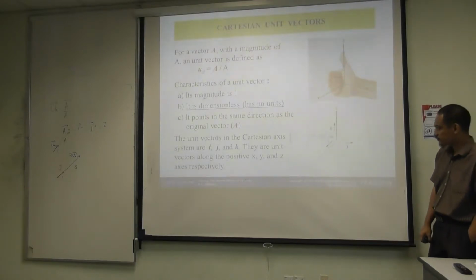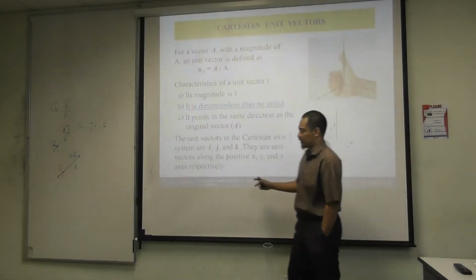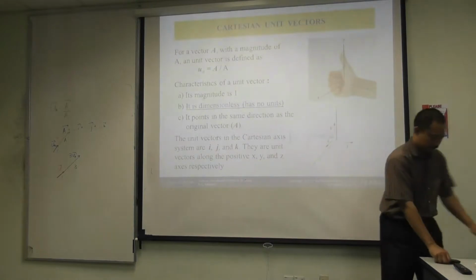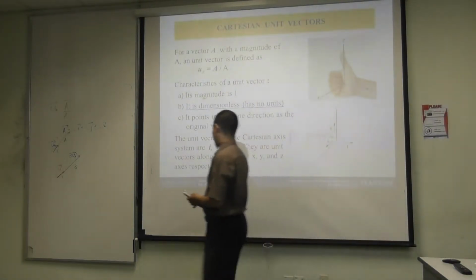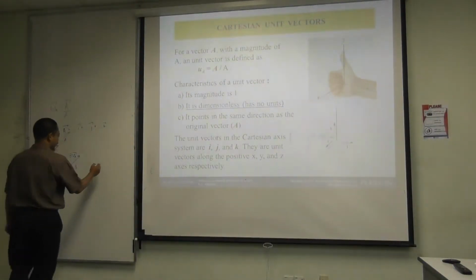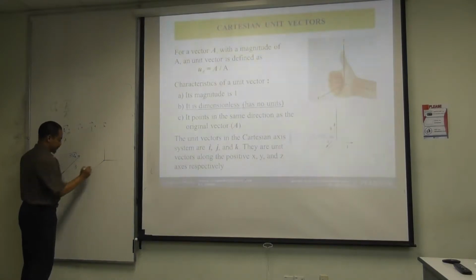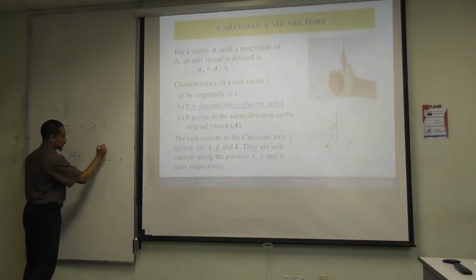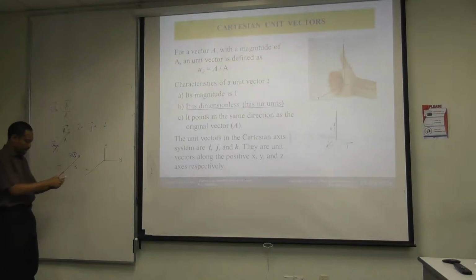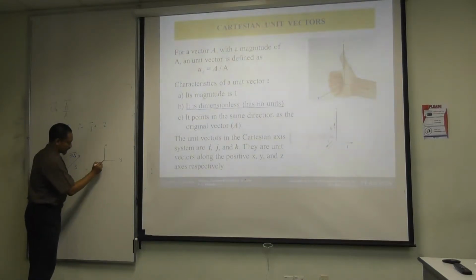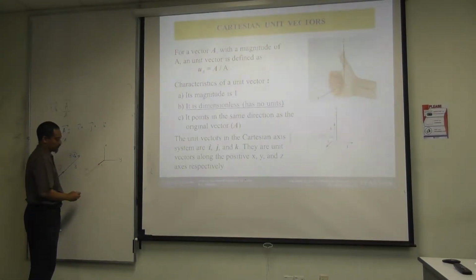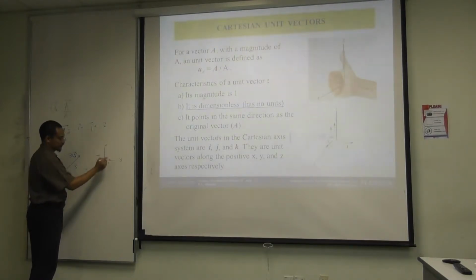Now, i, j, k themselves are also unit vectors. If you have the 3D coordinate x, y, z, or the axes, when you have a vector here with a magnitude of 1, the vector will be i. Magnitude 1 here, the vector is j, magnitude 1 here, the vector is k.